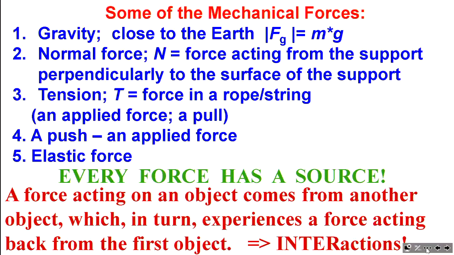Every force has a source. That's a very important statement to remember. If a force is acting on something, it means there is another object which is responsible for the existence of this force. Every force has a source. And of course, when one object is acting on another, that object acts back.